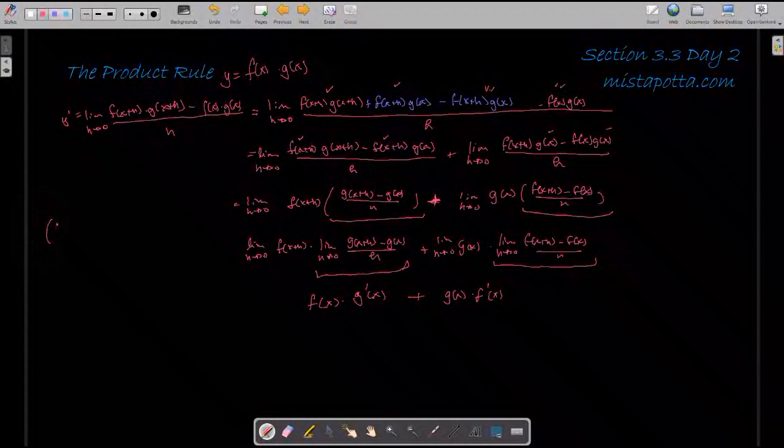So the derivative of f times g is going to be equal to the first times the derivative of the second function plus the second times the derivative of the first function.